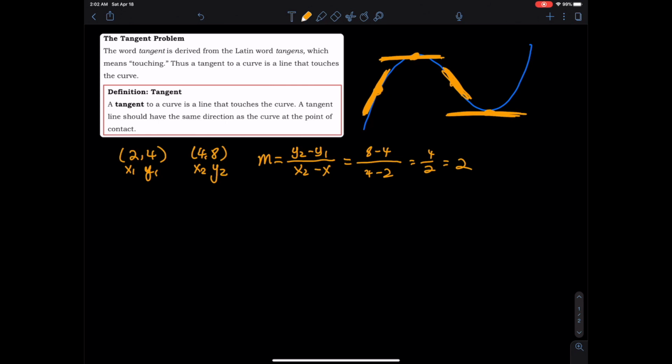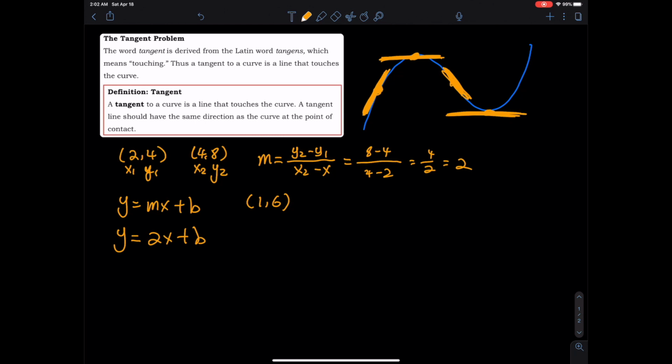What is the slope of a linear equation? That is y equals mx plus b, so we have m. This is my m. So y equals 2x plus b. But I only have a slope, I don't have a y-intercept. So let me just get a point. Let's say this point, (1, 6), is a point on the line.